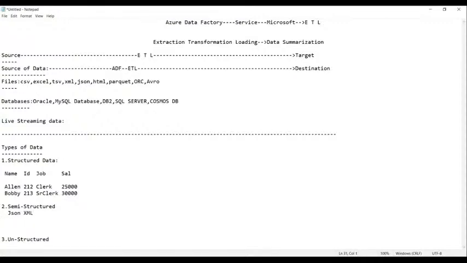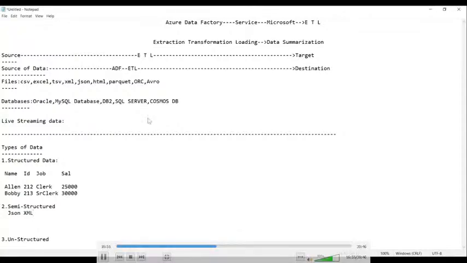Everyone is following? Now let us see how the data appears in a JSON file.